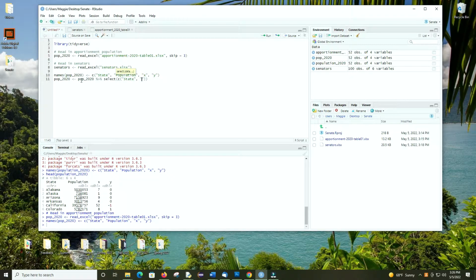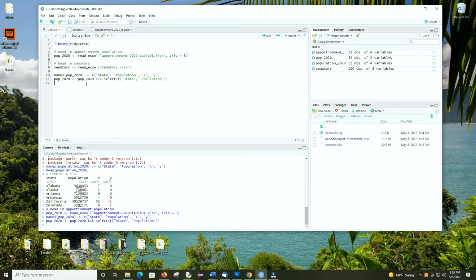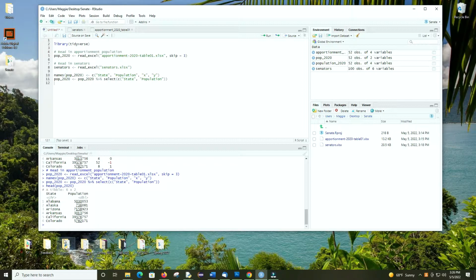It's been a while since I've worked in R. Okay, so there we are. There we go. Now we've just got the state and the population. Much better.